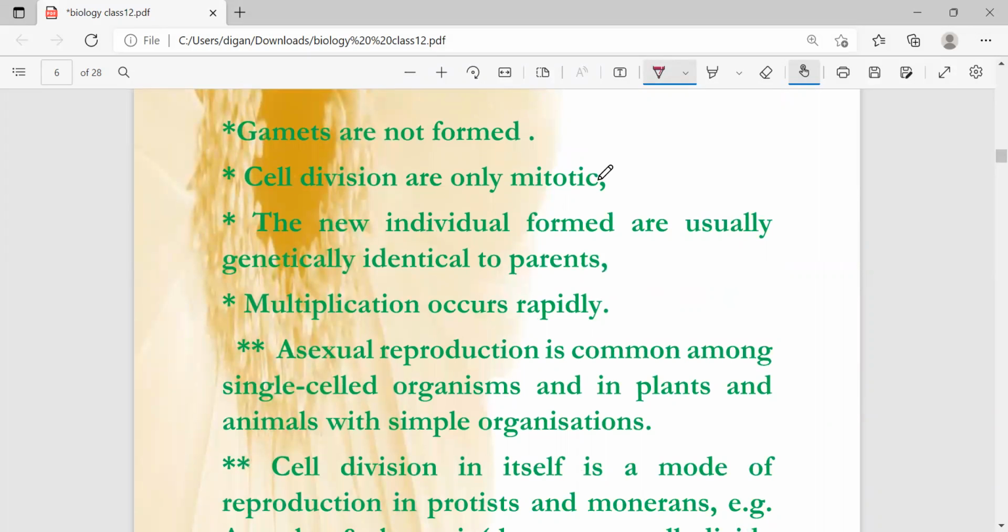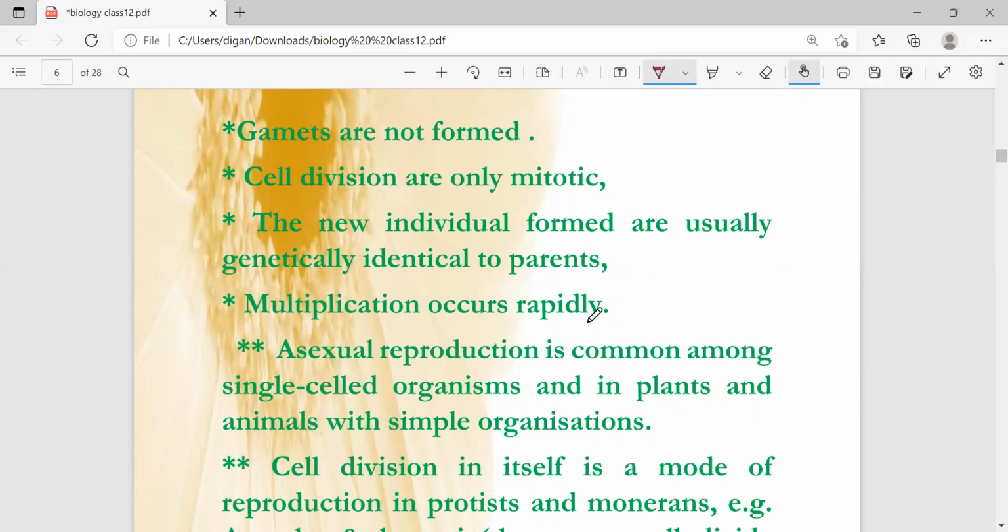Cell divisions are only mitotic, meaning no meiotic cell division takes place in asexual reproduction. These are the characteristics of asexual reproduction. The new individuals formed are usually genetically identical to the parent, as the offspring are directly produced from a single parent. That's why they are genetically similar to their parents.